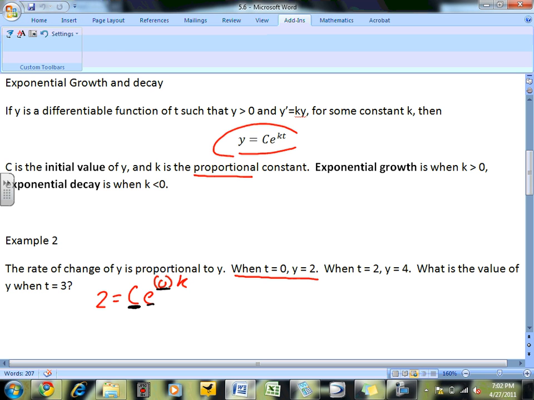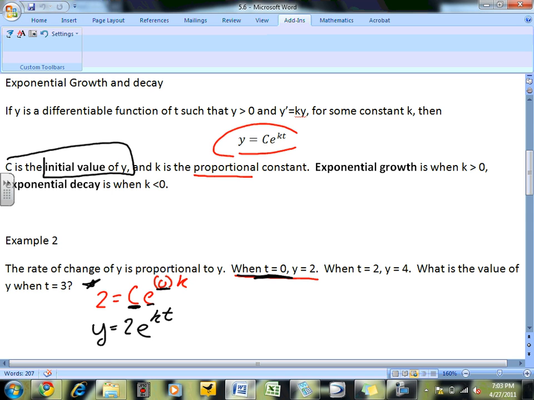And we should have known that already from the definition up here. It says c is the initial value of y. Initial value is always when t equals 0. When we're starting out, that's our initial value. I didn't have to show you this part, but I'm just illustrating why that's the case. So far we have y equals 2 times e to the kt.